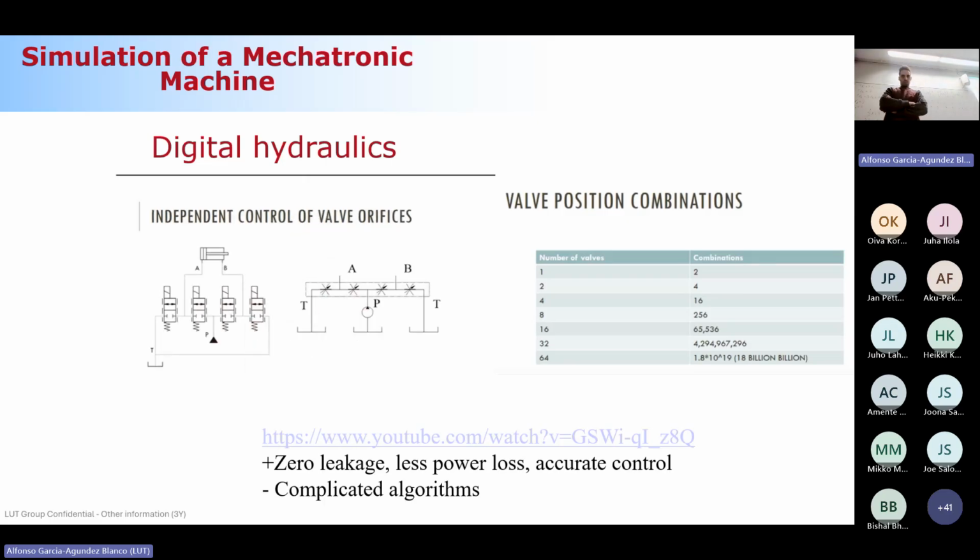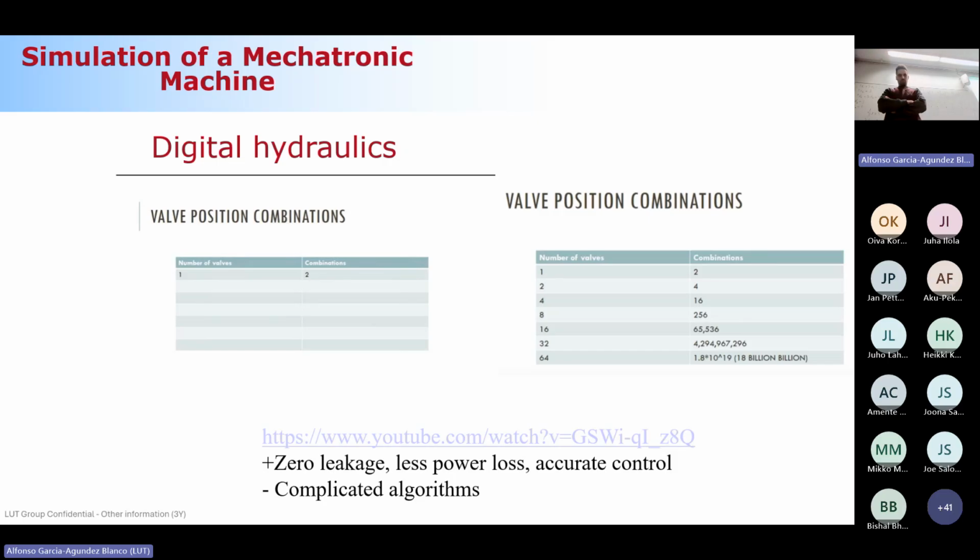This reduces power loss and enables precise control. Additionally, seat valves have zero leakage, as opposed to the high leakage of proportional valves. However, the challenge with digital hydraulics is the complexity of the control algorithm. Each valve needs to be controlled individually, and this results in large numbers of valve position combinations, although each valve has only 2 possible positions.